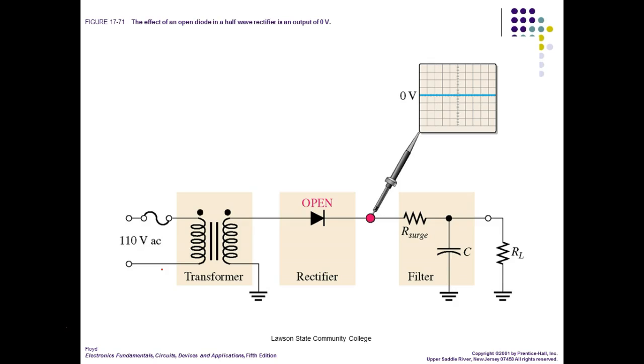Now, zero on the output. And the problem we have with AC, guys, is anytime we get an open, AC will couple through just about anything. If we get an open, we're basically forming a capacitor, right? We got a wire over here, we got a wire over there, and we get an open. AC will couple through anything.